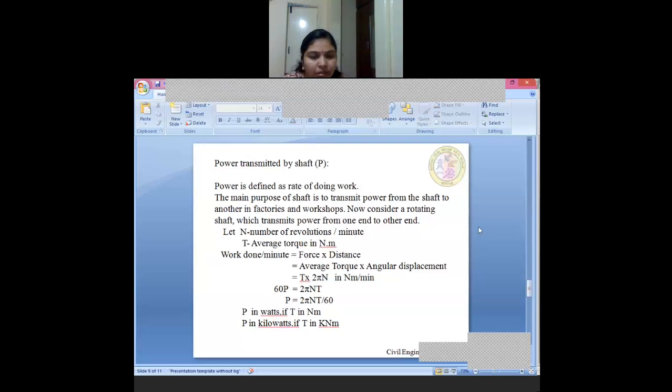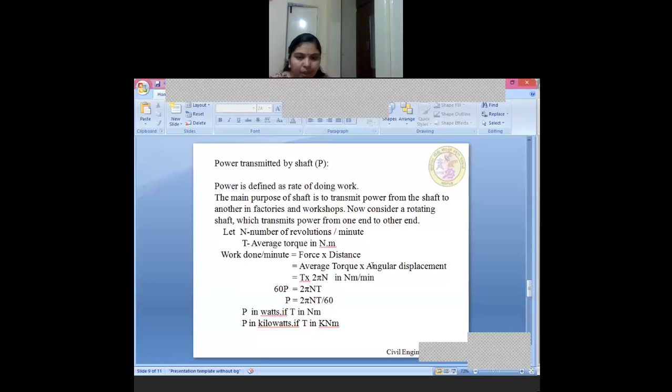Now consider a rotating shaft which transmits power from one end to the other end. Let N be the number of revolutions per minute and T be the average torque in Newton meter. Therefore, the work done per minute will be force into distance. So, what is the force basically here? Here, the work is average torque into angular displacement.